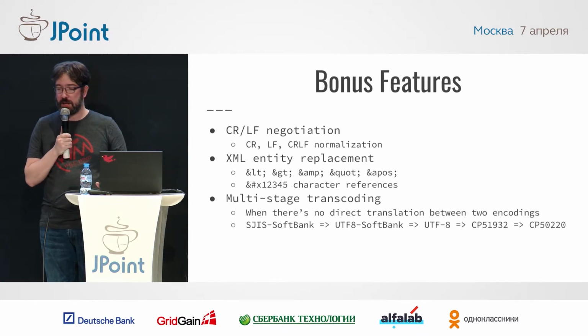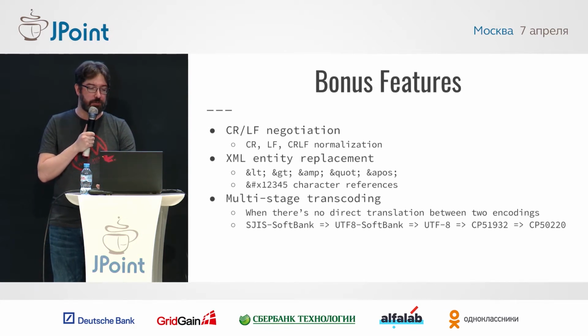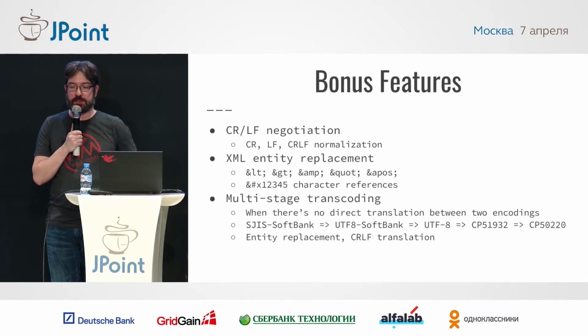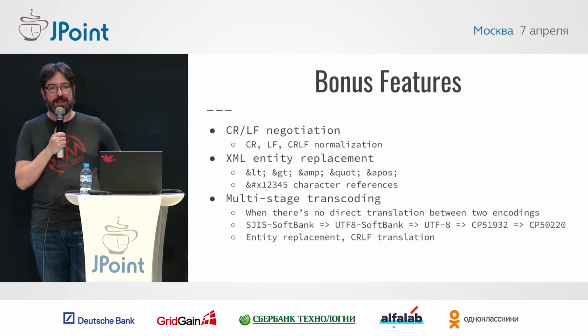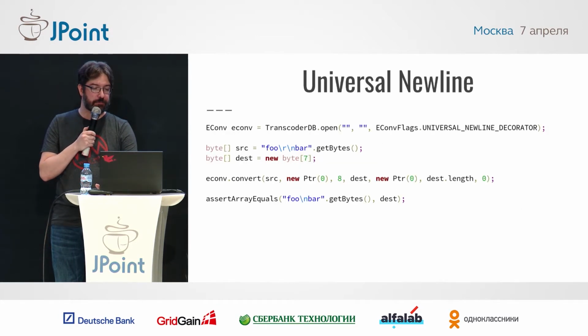It's just such a problem. You can do it and it'll automatically figure out the sequence of encodings necessary to get the characters from one to another. And then, as I mentioned, the entity replacement in XML and the carriage return line feed basically just acts as an additional stage in the transcoder.